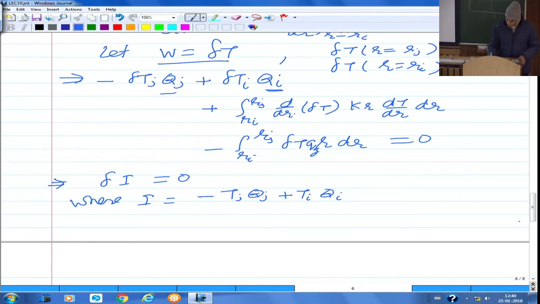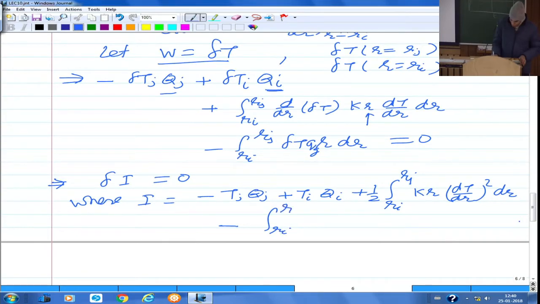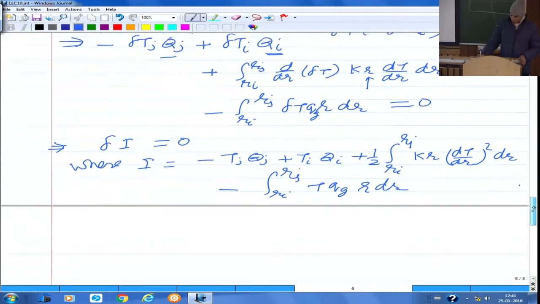In this, because the derivative with respect to R and variation are interchangeable, this can be written as delta of dT by dr, and this is a known quantity, so there is a variation only in T. So the second term can be written as half of integration from Ri to Rj, Kr into dT by dr whole square dr. And of course the last term is minus integration from Ri to Rj T Qz R dr. So this is your integral functional.